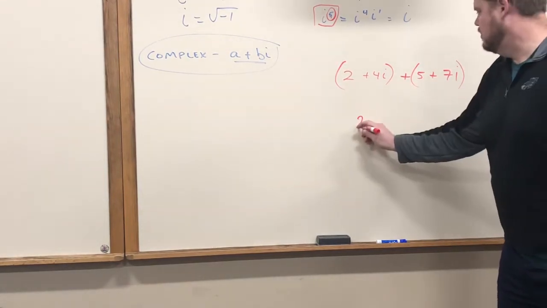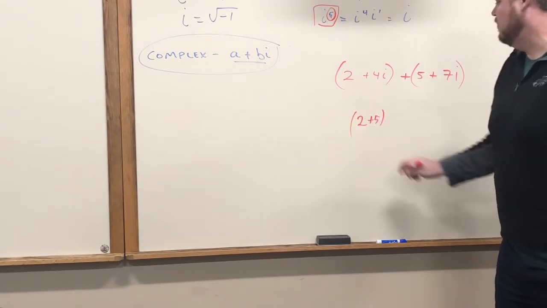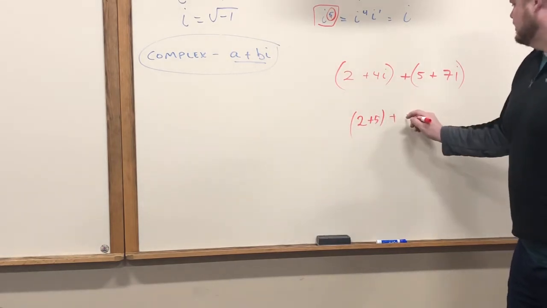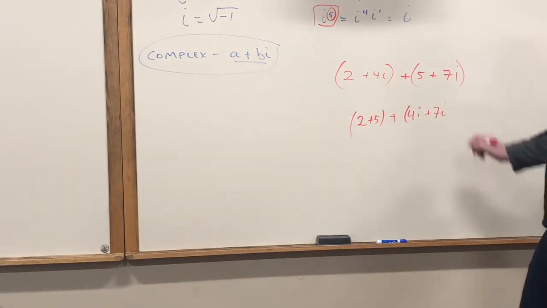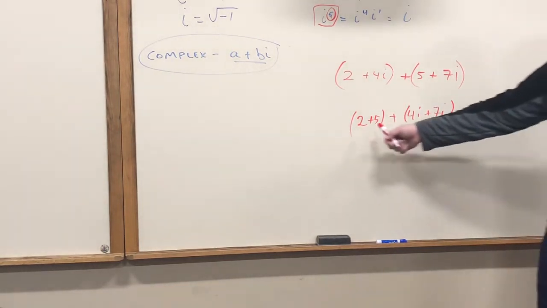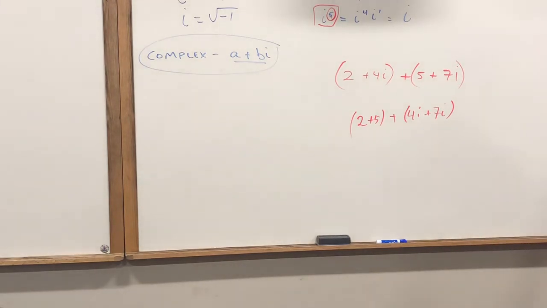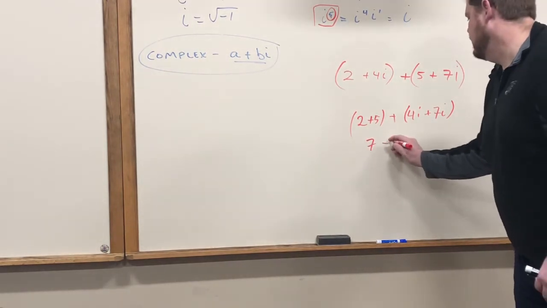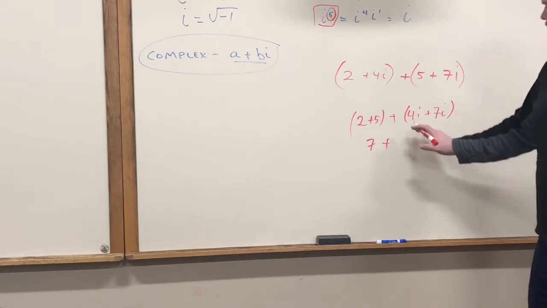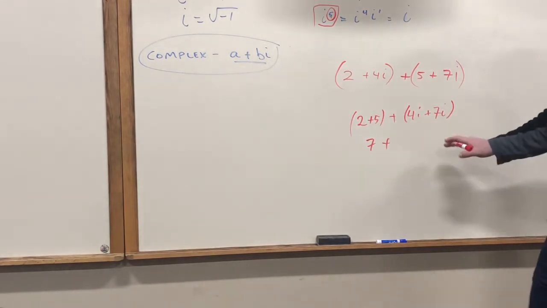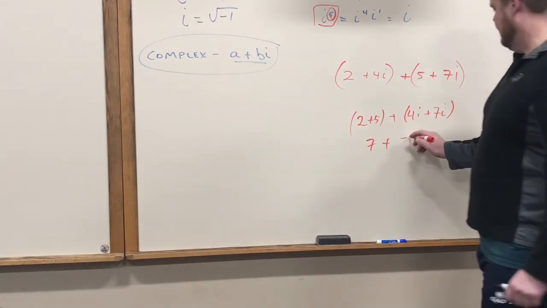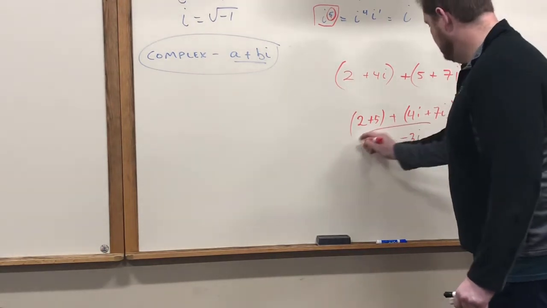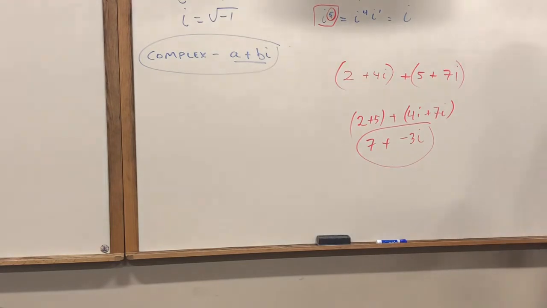So 2 plus 5 can go into one parentheses, and in this parentheses over here, it's going to be 4i plus 7i. Well, 2 plus 5 is 7. Now here, we can combine 4i and 7i. What does that give you? 11i. And that would be simplified form.